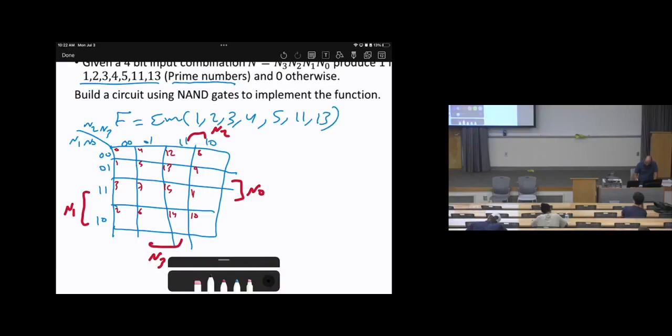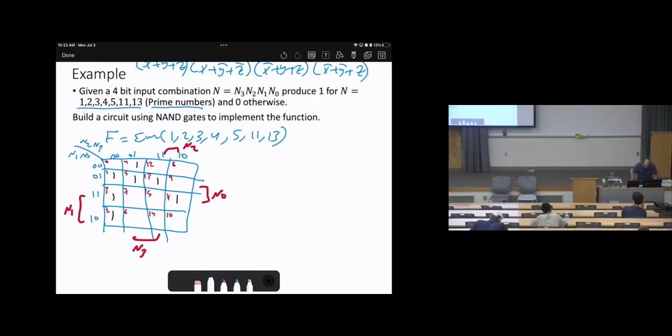The locations of ones are at 1, 2, 3, 4, 5, 11, 13. I don't know why 7 is not here. Is 7 a prime number or not? Yes, but why is it not written here? That's weird. Okay, let's assume the problem is like this.